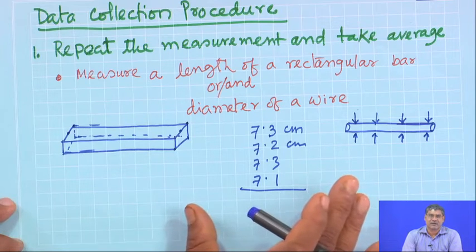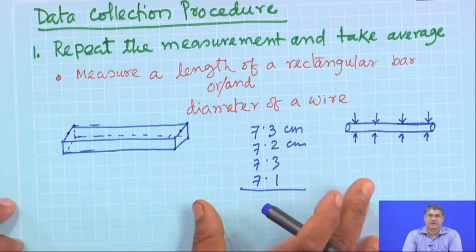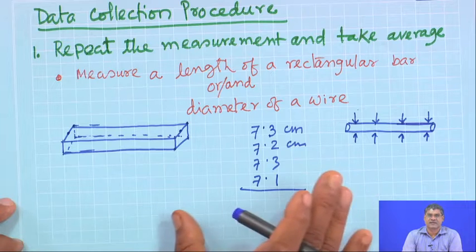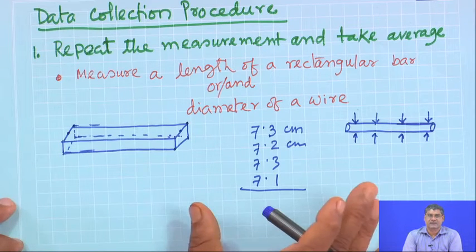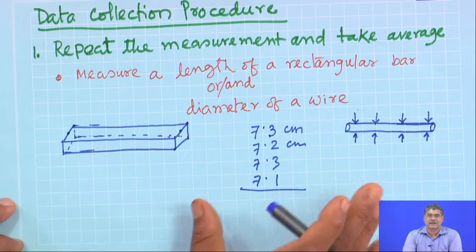That is what students do in most cases, but this is not the way. You have to take a decision, and there should be logic behind that decision. Here, why am I taking 4 readings in the case of the bar?